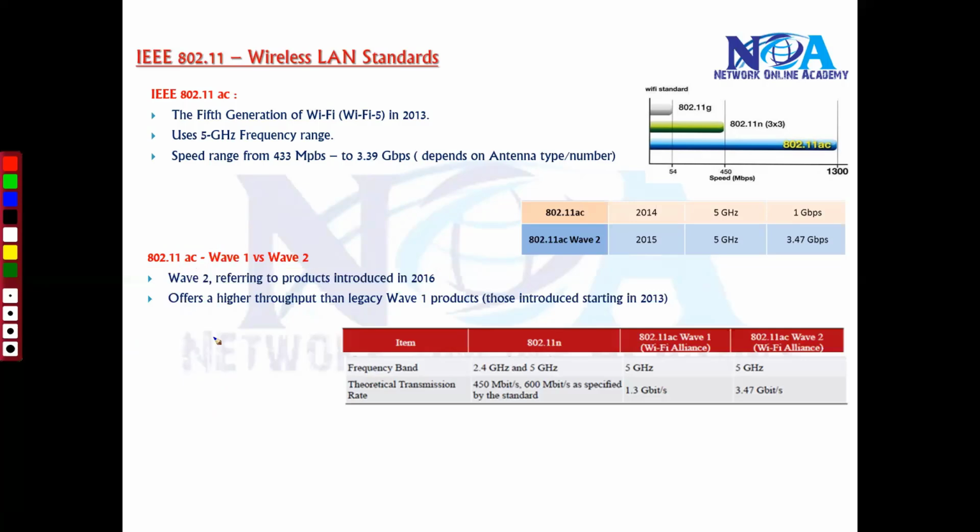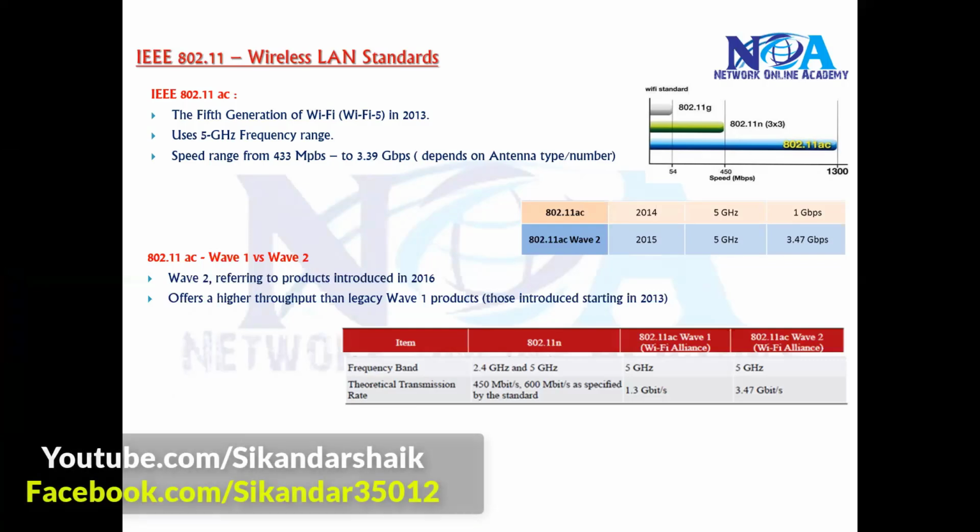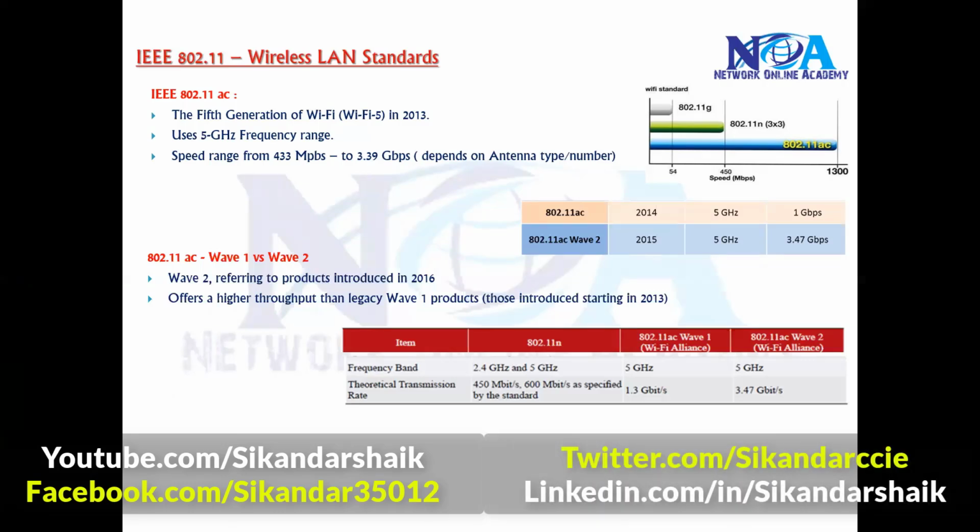Because most high speed devices, when they offer higher throughput, automatically minimize the coverage area or coverage distance in general. So that is a bit of a limitation. But again, the best thing about this standard is that it offers high throughput.